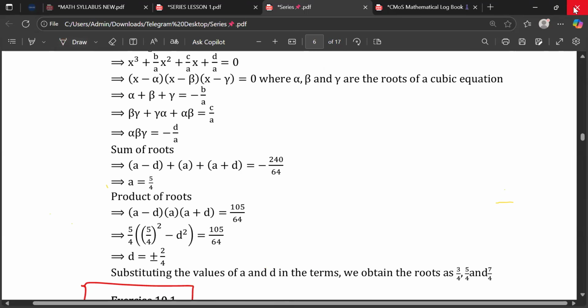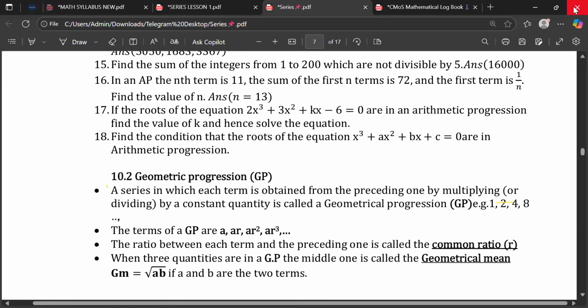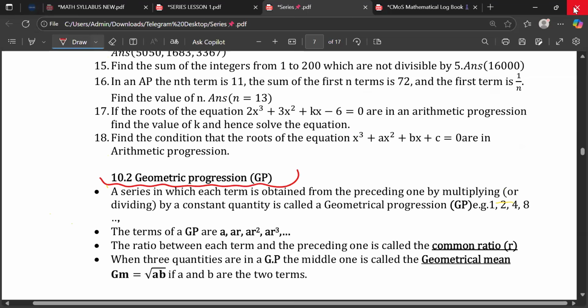So, after exercise, the next thing you can see is GP. And the timetable was very clear that the lesson I shifted tonight, which we are supposed to do in the morning, had the word GP. And when you look at the timetable, the next lesson we are supposed to have is for GP.